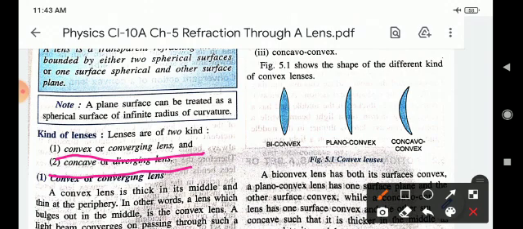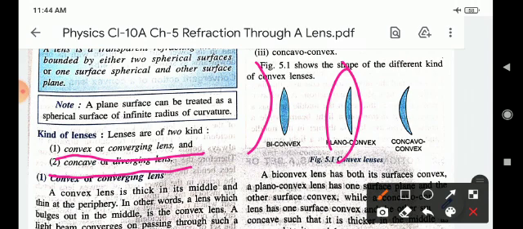Convex means curved or round. Curved or round. Convex means curved or round outward, like the exterior of a sphere or circle.